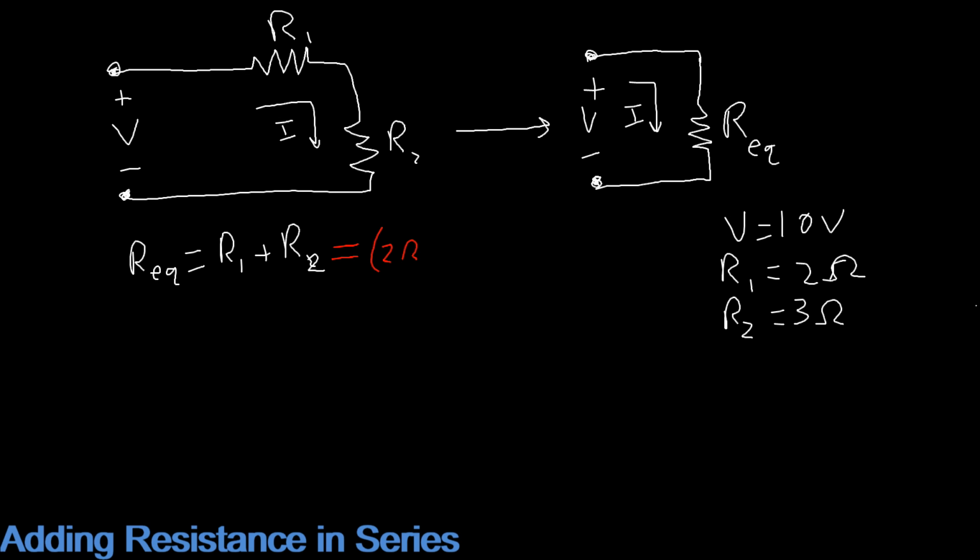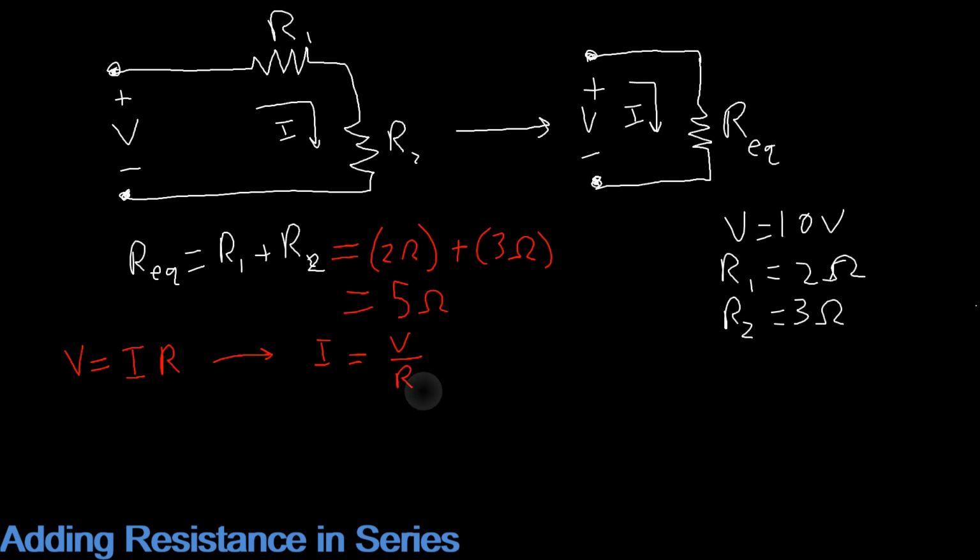Okay? So, we know Ohm's law, and Ohm's law states that our voltage drop is equal to our current multiplied by the resistance. Okay? So, from this formula, we can deduce that our current is equal to our voltage drop across the circuit divided by our equivalent resistance. Okay.